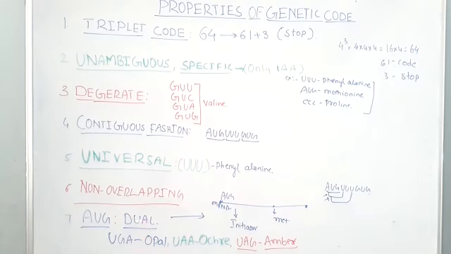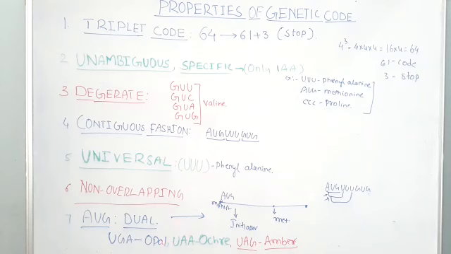Here I have written some extra points which are not there in the NCERT, because they are very important from the NEET CET point of view. Sometimes you will be given them in multiple-choice questions also. Here UGA, UAA, UAG. These three are the stop codons.